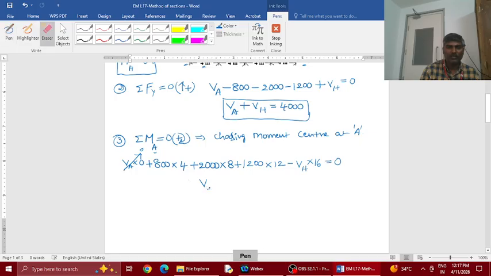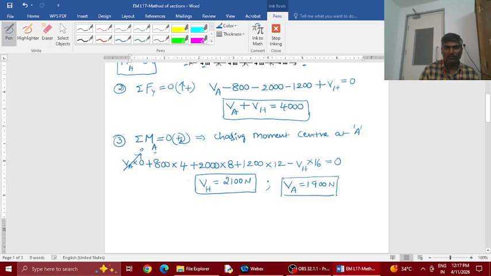VH value is equal to 2100 Newton. This is the value from the third equilibrium equation. Now substitute this into this equation, it will give you VA value, which is 1900 Newton.